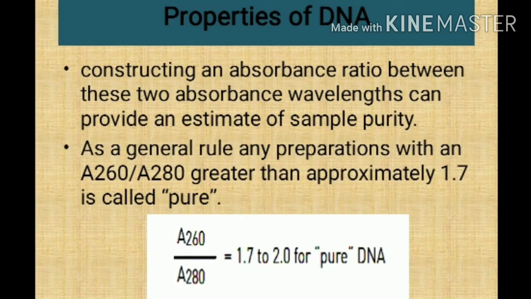As a general rule, for a preparation of DNA, the A260 by A280 ratio should be around 1.7 to 2. If it is around 1.8, then it is pure DNA.